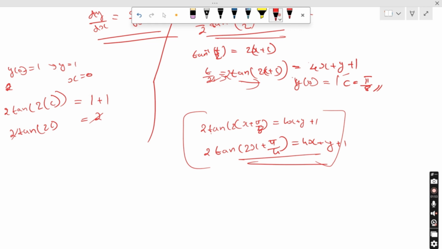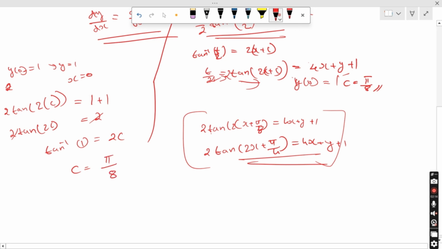Then tan inverse 1 equals 2c, then c will be pi by 8, because tan inverse 1 is pi by 4, then 2c is equal to pi by 4, then c is equal to pi by 8.